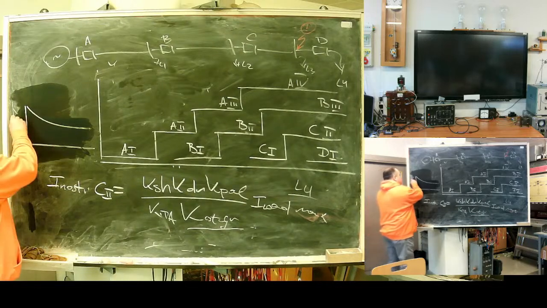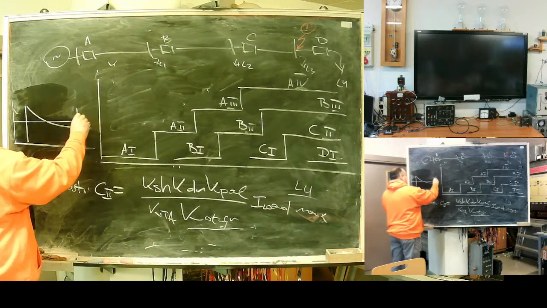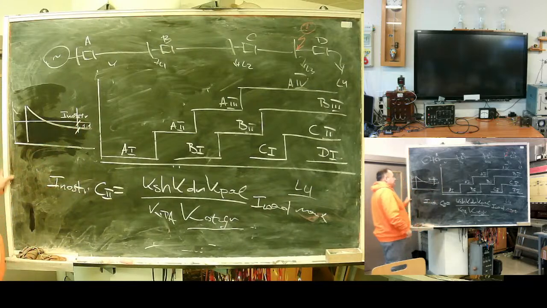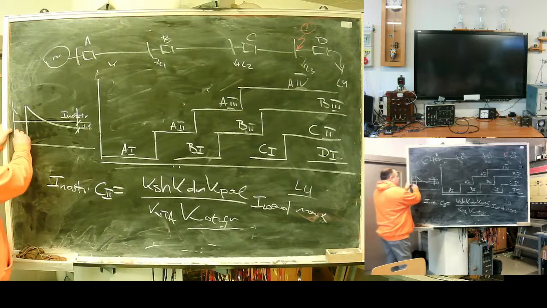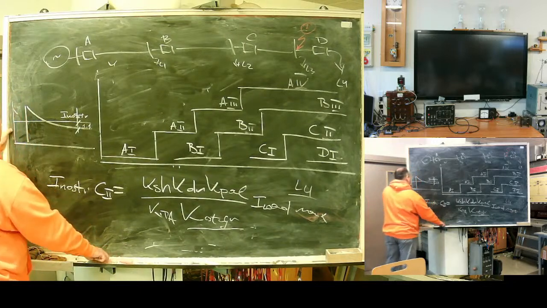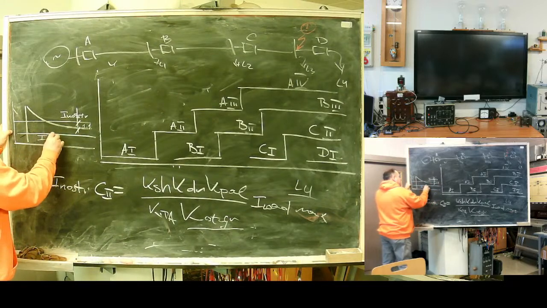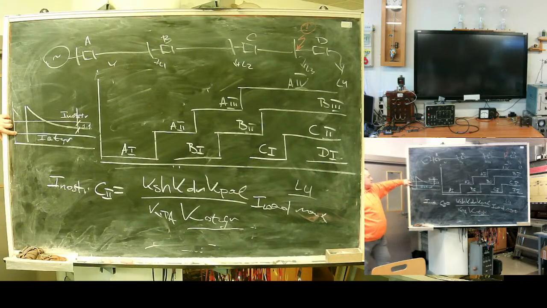If I set like this, 1.1 approximately, this is trip current and this is return current.